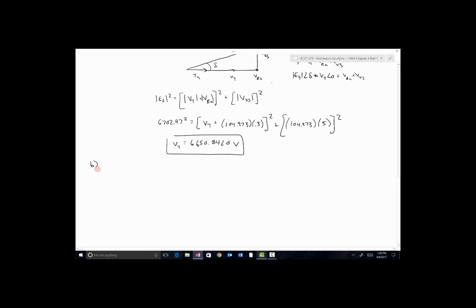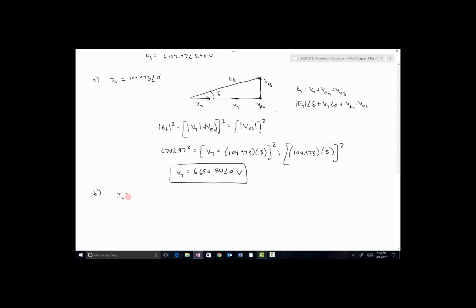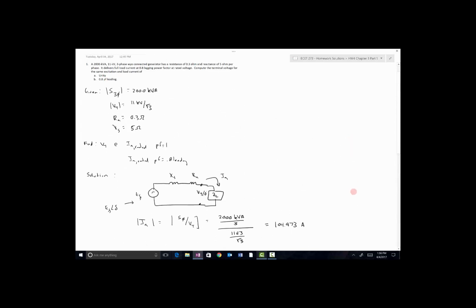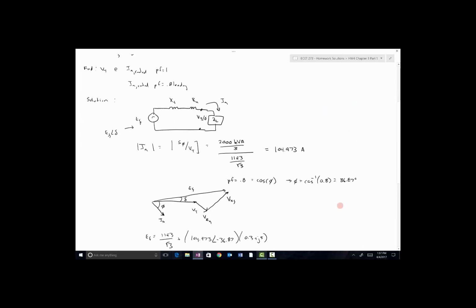In part B, we were asked to solve the same thing, except now IA is going to be equal to 104.973, and I forgot the angle here, excuse me. It's 0.8 leading, so that's just going to be 36.87 degrees.